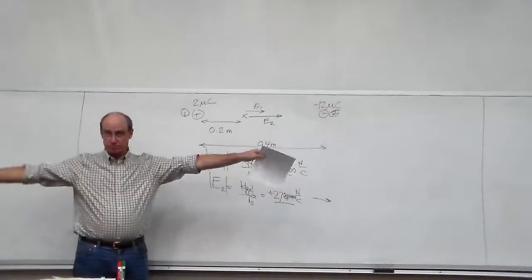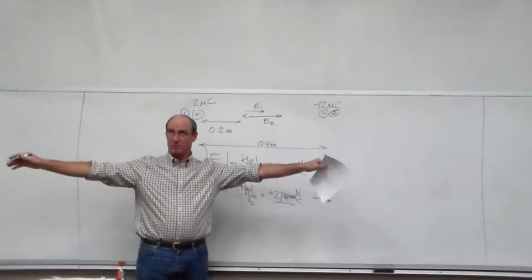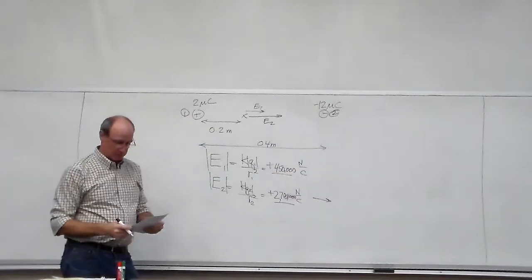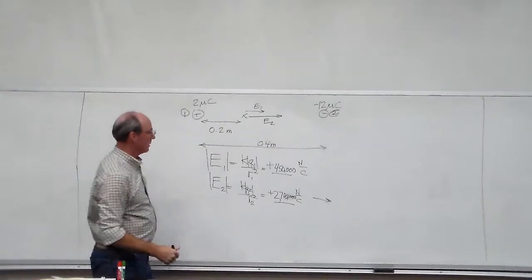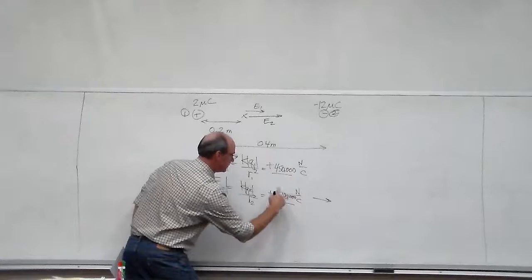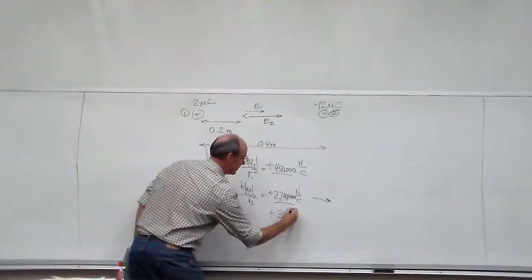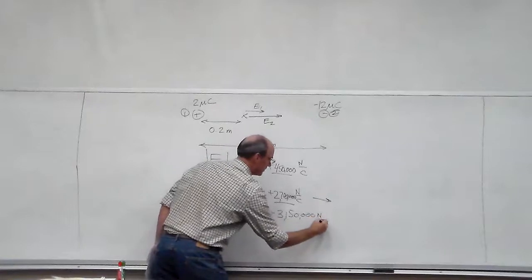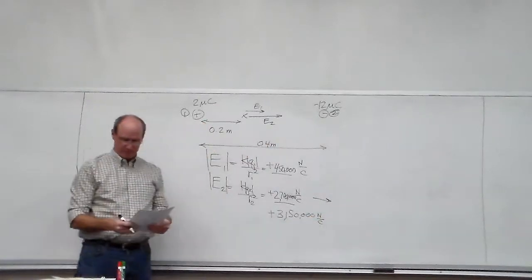Now that they're pointing in the same line, we can add them up mathematically. Those add up to positive 4,350,000 newtons per coulomb. Is that right? Yes.